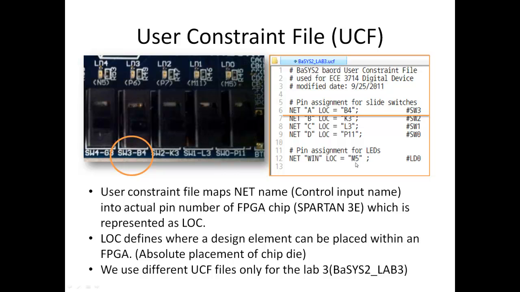So what is M5? M5 is the address of LED0. So we can either call it LED0 by an easy, convenient name, or we can call it by its address, which is M5.